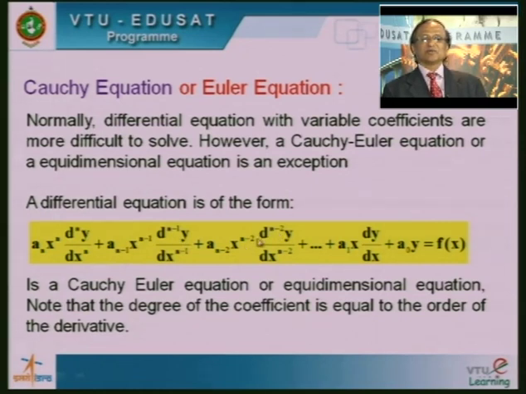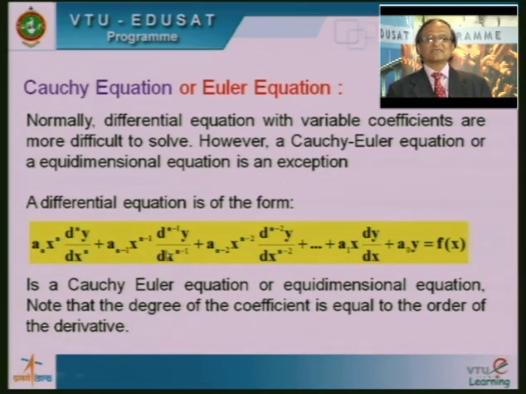The next term may contain x to the power n minus 3, d to the power n minus 3. Its next term may be x to the power n minus 4, n minus 4 and so on. That is why I have written here, note that the degree of the coefficients is equal to the order of the derivative.